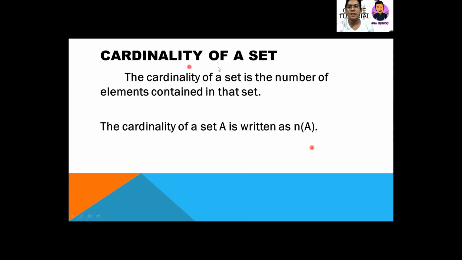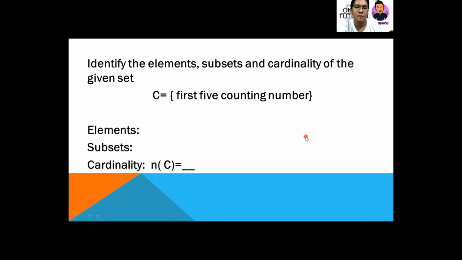Next is the cardinality of a set. The cardinality of a set is the number of elements contained in that set. The cardinality of a set A is written as n(A), the number of elements in set A. Set C is the set containing the first 5 counting numbers.